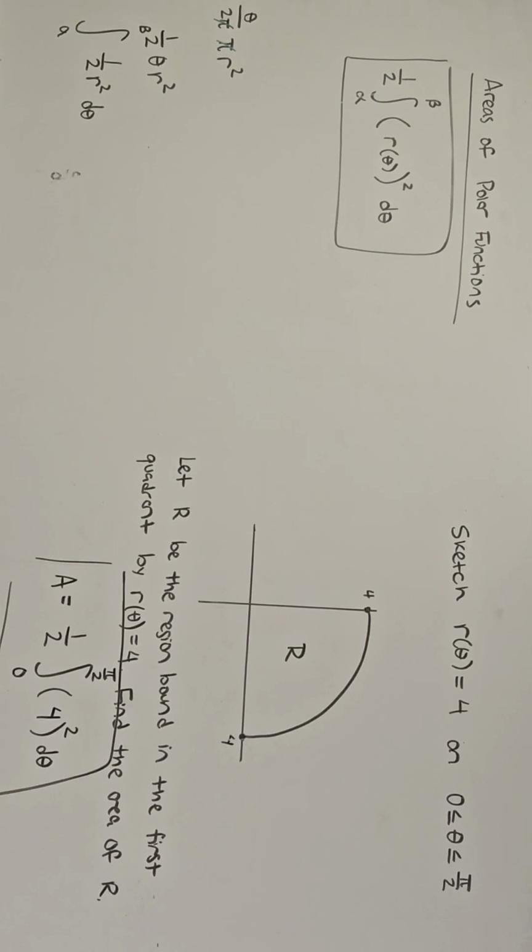The antiderivative of 4 squared with respect to theta is 4 squared theta. You want to call it 16, that's fine.